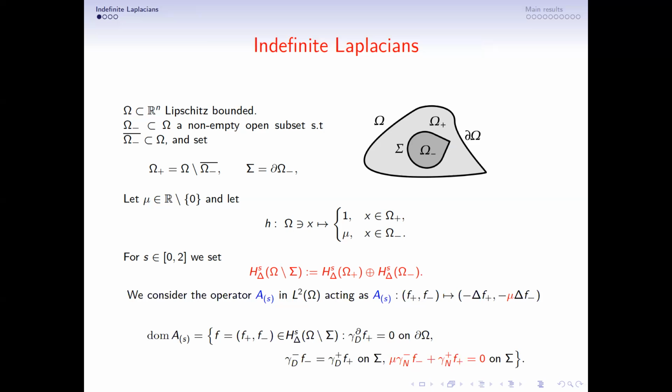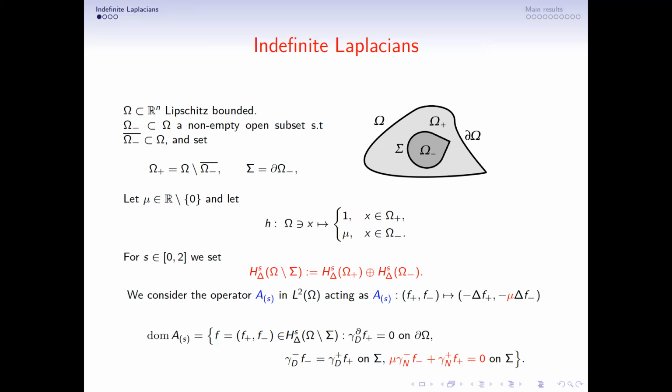We have continuity of the Dirichlet traces along the interface, and the transmission condition is this one. We have our parameter mu times the Neumann trace that comes from inside, plus the Neumann trace that comes from omega plus, and we assume that this vanishes on sigma. With those boundary and transmission conditions, we can show that what we have here is a symmetric operator. Okay.